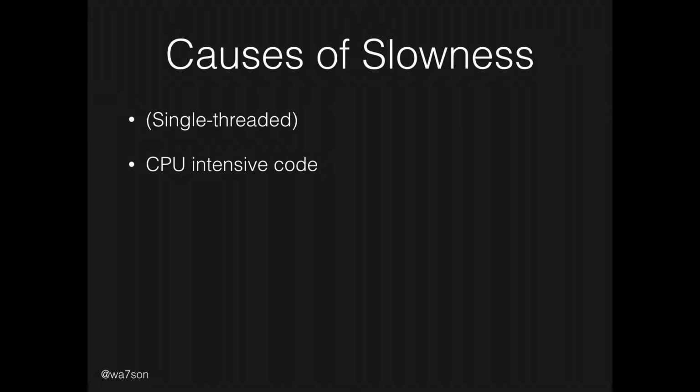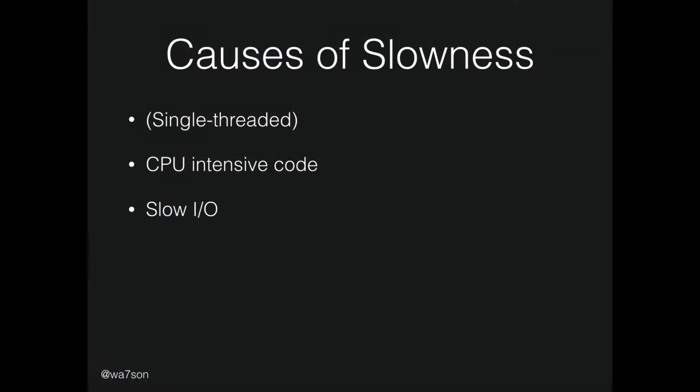Of course, we can boot up multiple processes, but the individual process is still single-threaded. So that is a problem if you have some CPU-intensive code, some code that runs on the CPU, doing some computation of some sort. While it's doing that, your Node app can't do anything else. If there are incoming requests to your web server, they just have to wait until you're done with the CPU-intensive code.